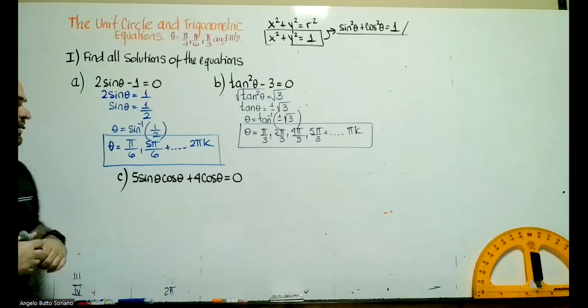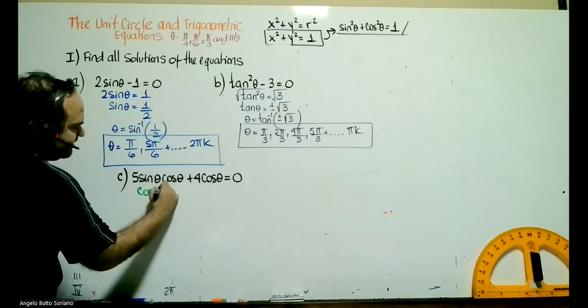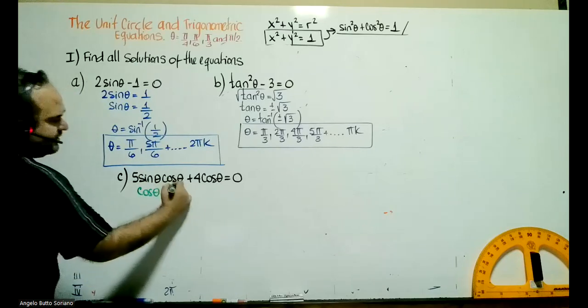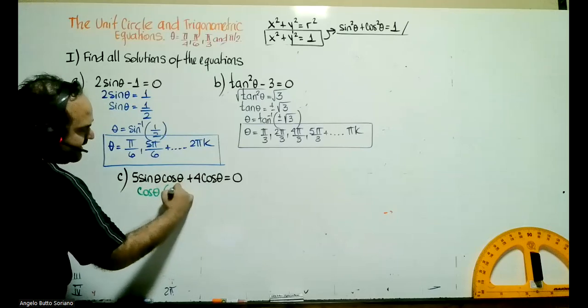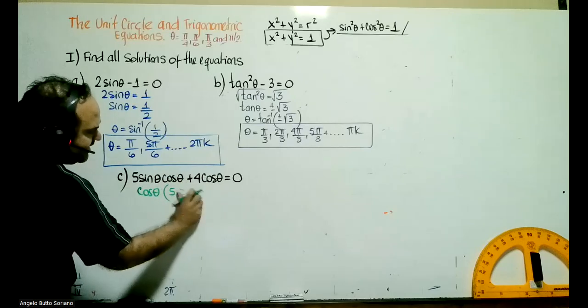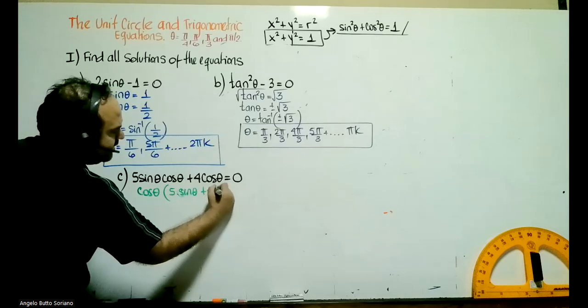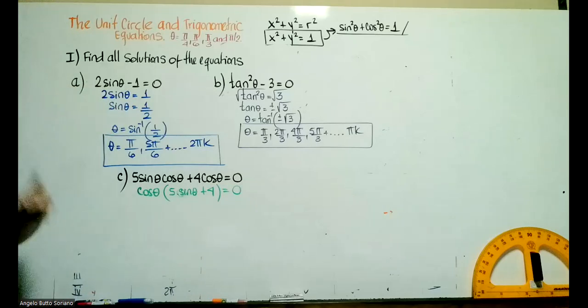So basically, at the moment, I'm going to factor out cosine theta, multiplying by the original equation divided by the common factor. We get 5 times sine of theta plus 4 equals 0.